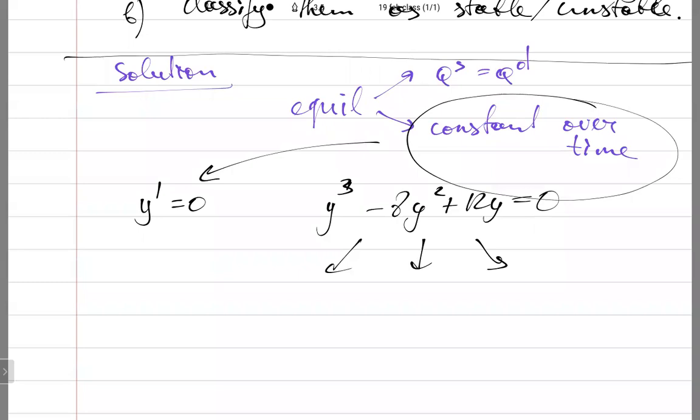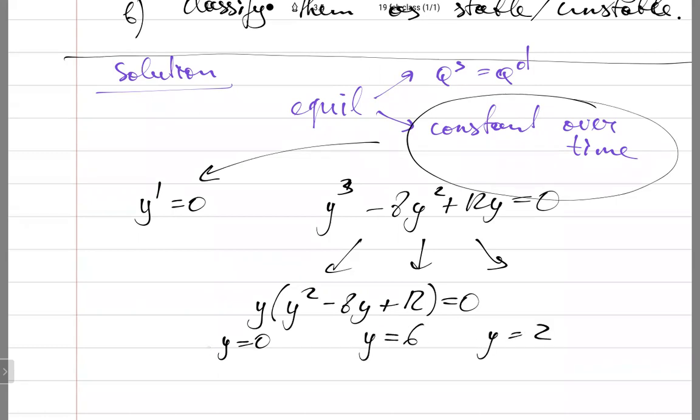It's not the answer. I'm just thinking. Who knows the answer? Okay, 1 is 0 at least. And what are the other two? Is 6 and 2? Okay, it's 6 and 2. Okay, so I have 3 equilibria in this question.